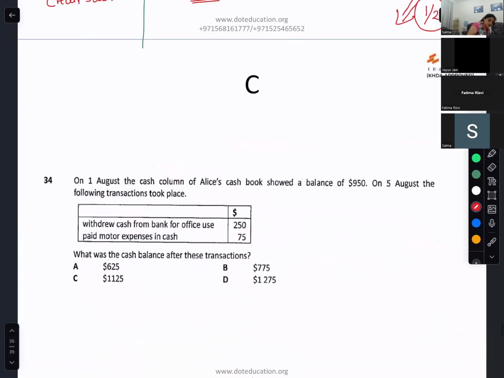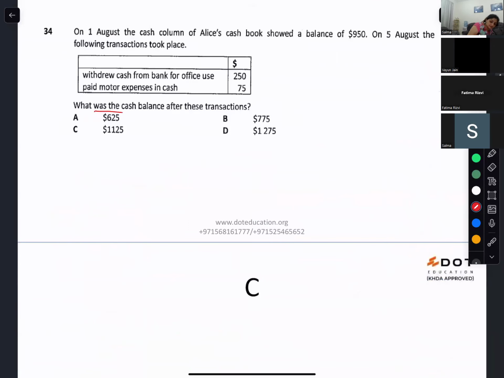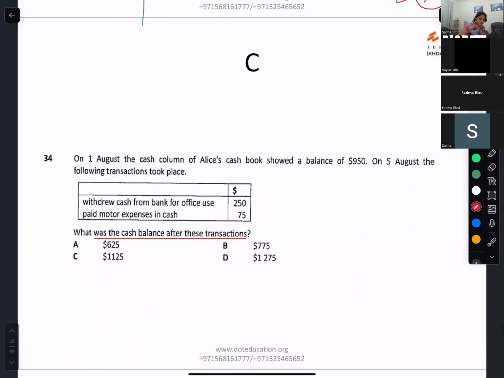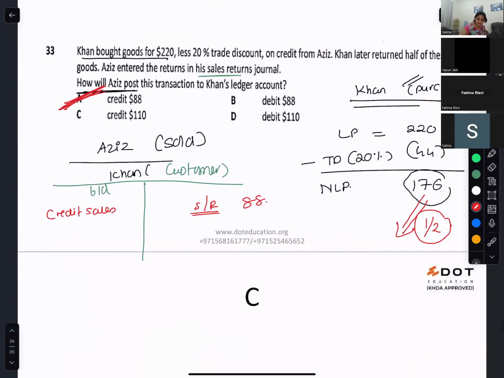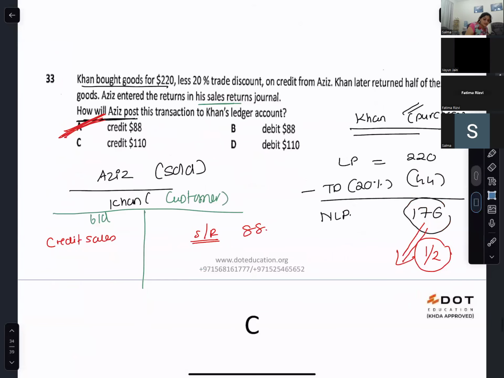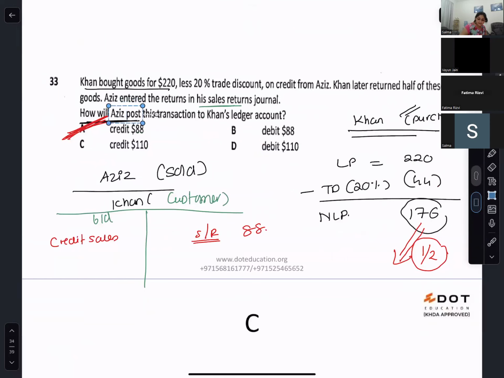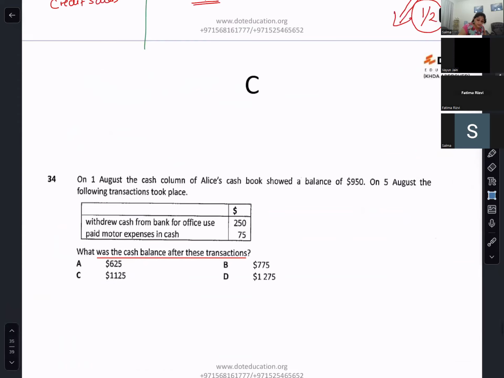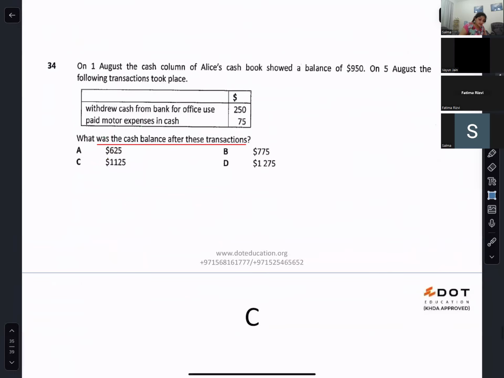Vayun, come on. What do they want? Miss, I had a question. I didn't understand this question, miss. Okay, fine. No problem. They want how did Aziz post the... No, miss, sorry, I understood this question. I'm talking about 34. You did not understand. They want the cash balance, right? That means your cash column had a balance of 950.